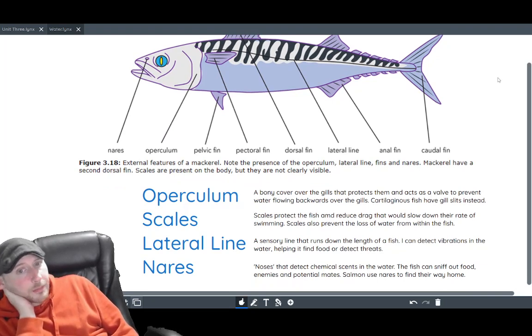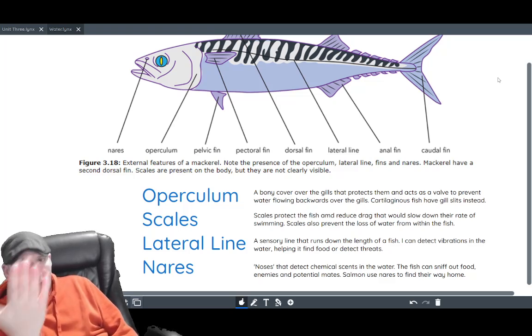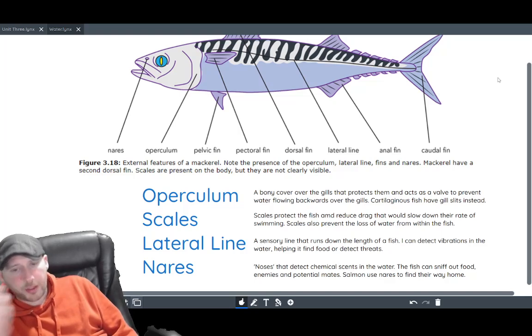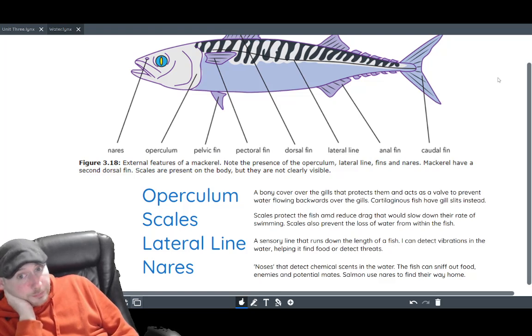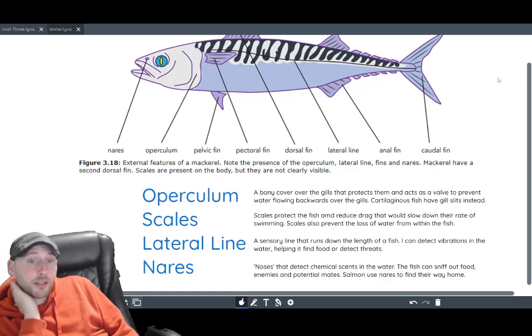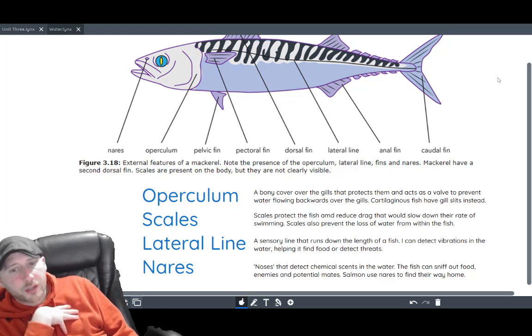Now, the operculum is, as you can see here on the diagram, a bony cover over the gills. So you can often sort of make out the gills, but they've got a covering over them, so they're not like just holes in a fish. That would be a problem for, well, several reasons. What these bony covers do is they protect those very vulnerable gills, yeah? I mean, we don't have our lungs on the outside, do we?